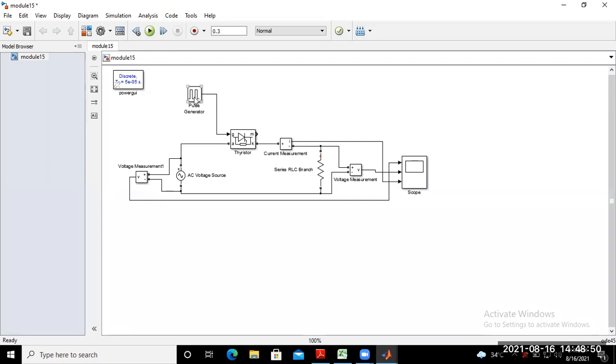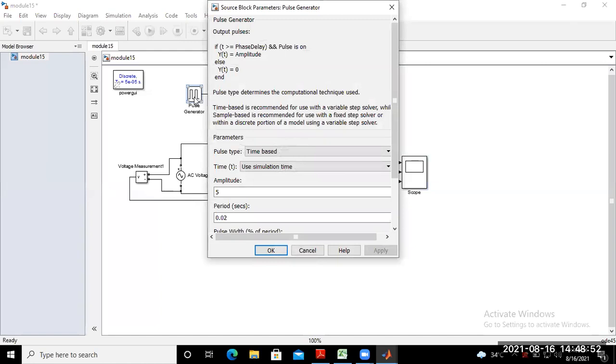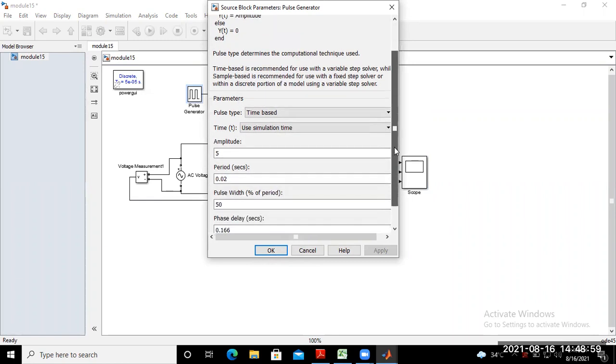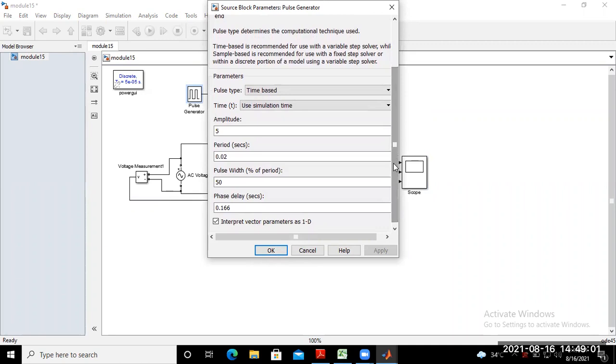Okay. So if you consider that, suppose that 5 and 15 phase delay is 0.16.